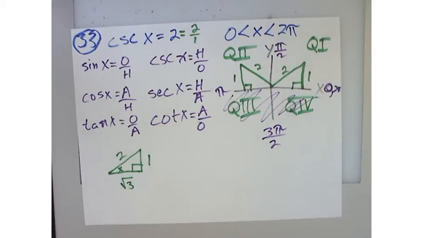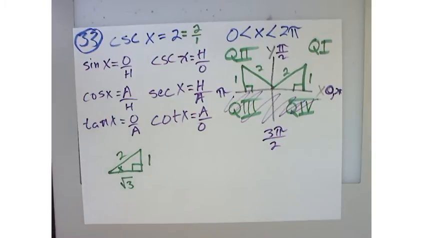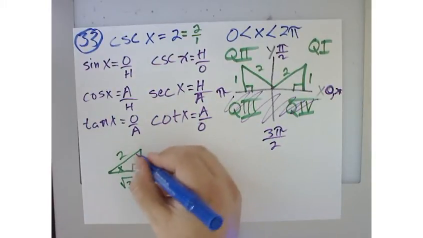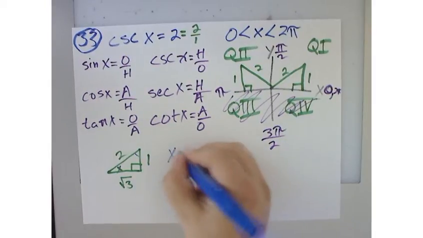Where did you guys learn that? Toolbox Tuesday. All right, good. So that means that x is what then? The shorter angle, right? This will be the 60-degree angle, and this will be x, so x equals 30.